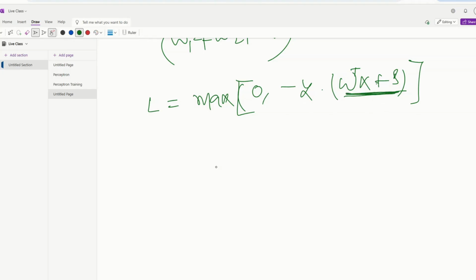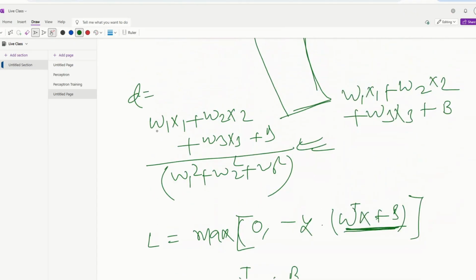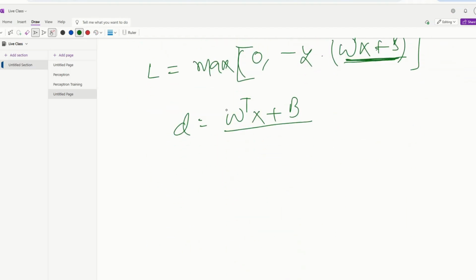So this is nothing but a plane equation. Can I write d is equal to wTx plus b, and you can see the distance equation was like this: the plane equation in the numerator, and in the denominator the norm of w.